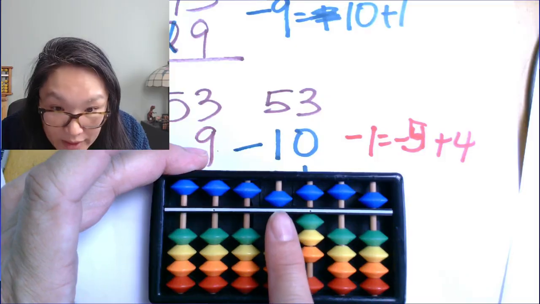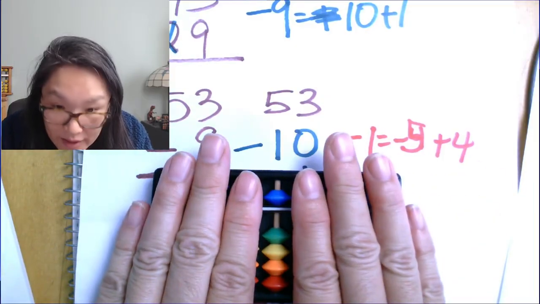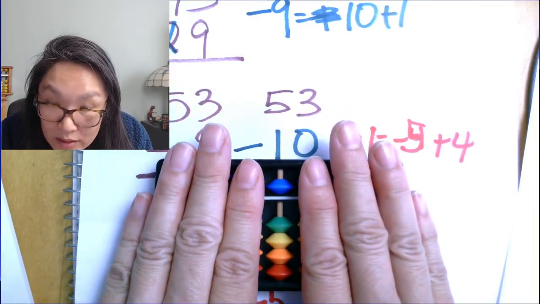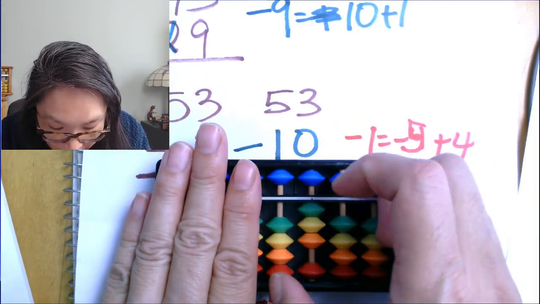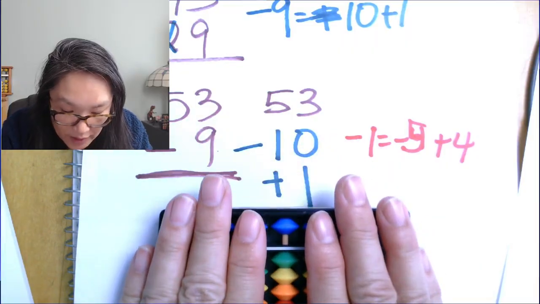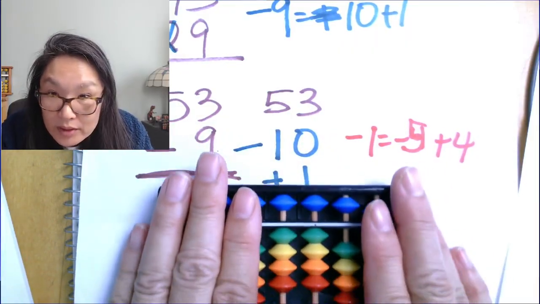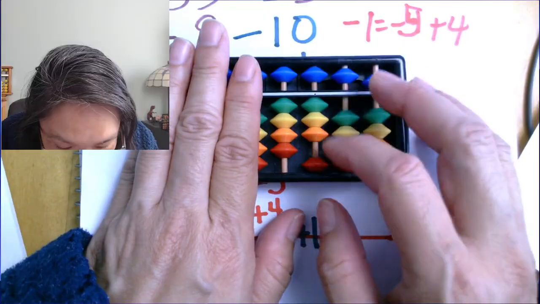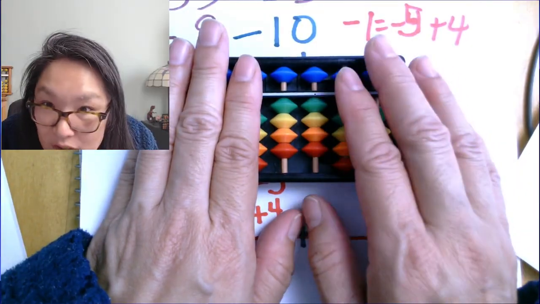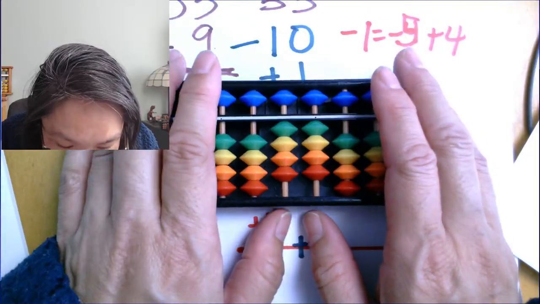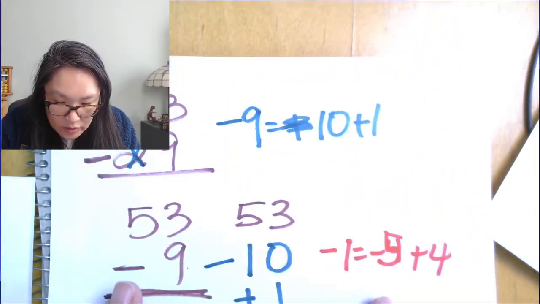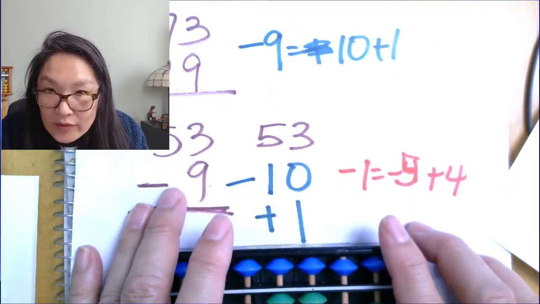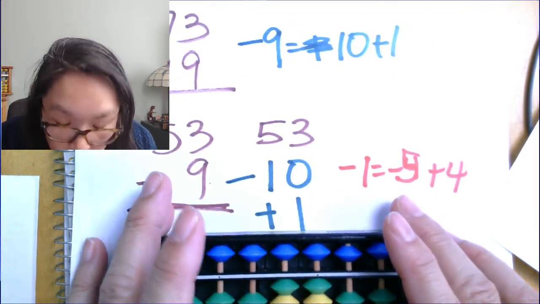Then we do the 1 here. So this is minus the 1 here. Minus the 1 is minus the 5 plus the 4. And then we plus the 1. Okay, I'm still workshopping this thing out. But I think this is one way to figure it out.